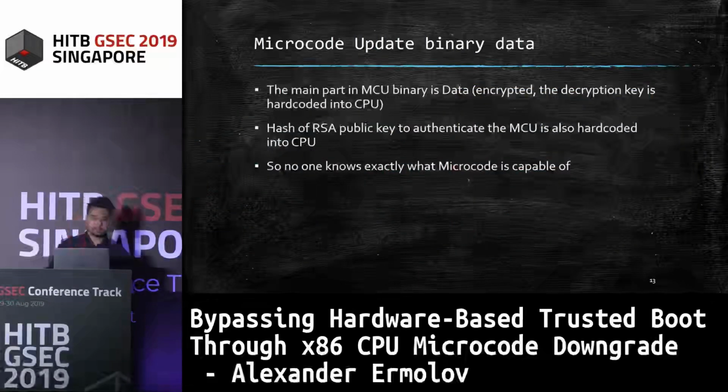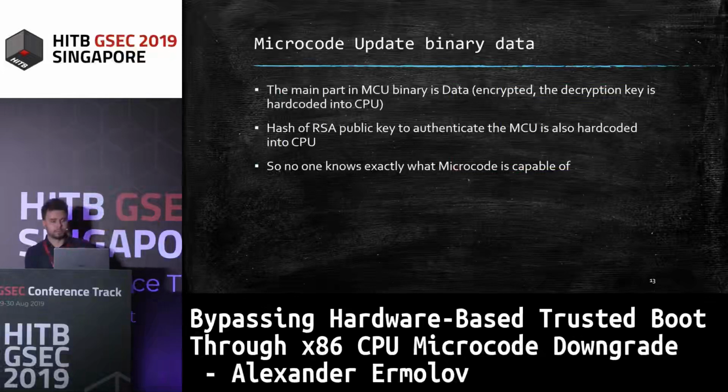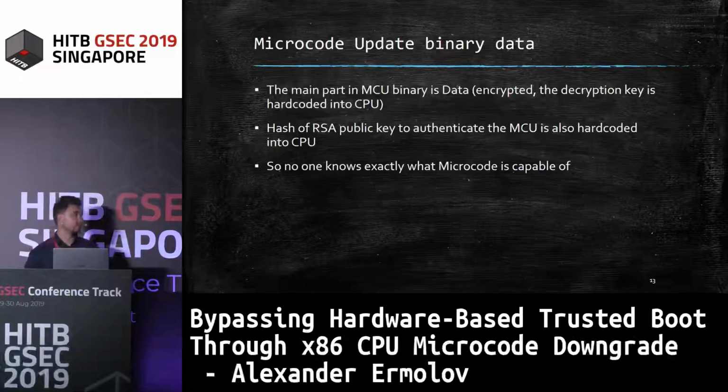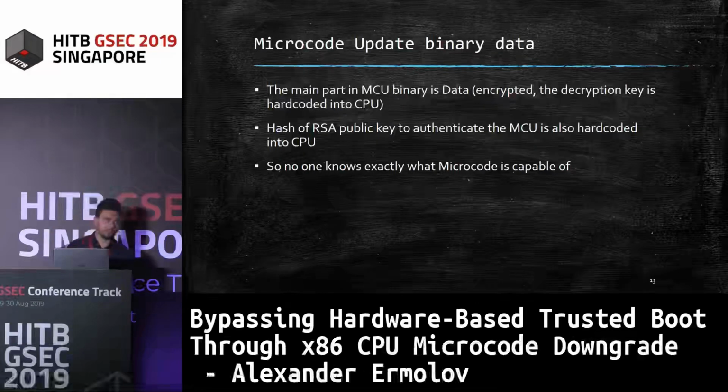The second reason is that the update data is stored in an encrypted format, and the key to decrypt it is stored inside the CPU. So only the CPU can decrypt the microcode update, and also the CPU can authenticate the microcode update before loading. These are the reasons why no one can modify the update, and because it is encrypted, no one exactly knows what microcode is capable of.